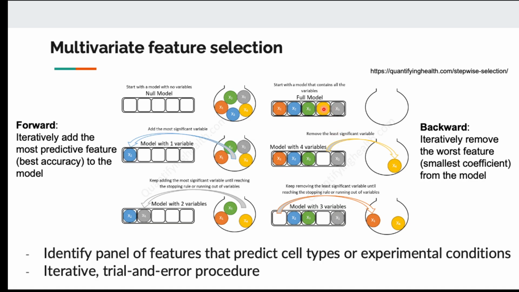We can identify, for example, that maybe the yellow gene or the yellow feature from the image is the one that doesn't help you distinguish cells from different conditions. Using the backward idea, we will remove the yellow gene, the yellow column, from the data. So we now have one less input. And we'll keep doing this.